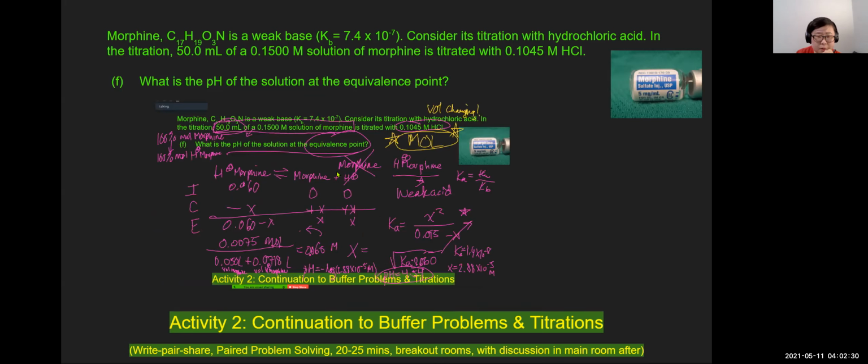And then the last part, I just called it H plus morphine. This is very messy, sorry. You do an ICE table again, but you're going to treat it as a weak acid problem. And because it's a weak acid problem, the biggest relationship to remember is your Kw over Kb.